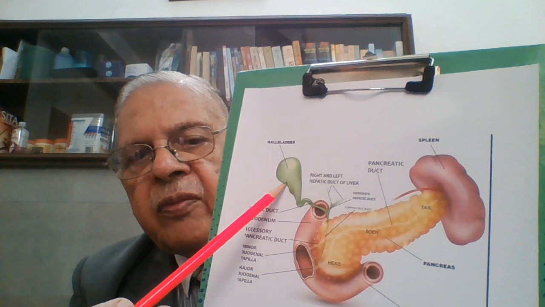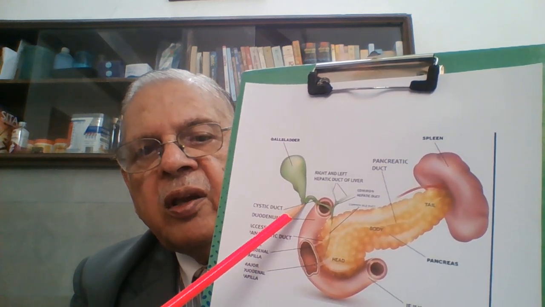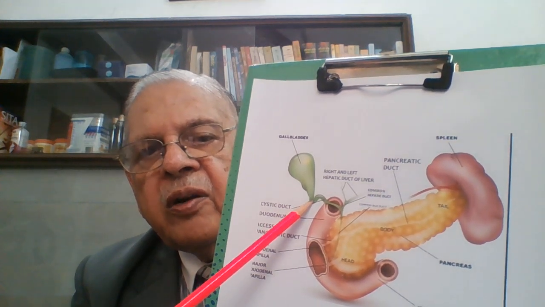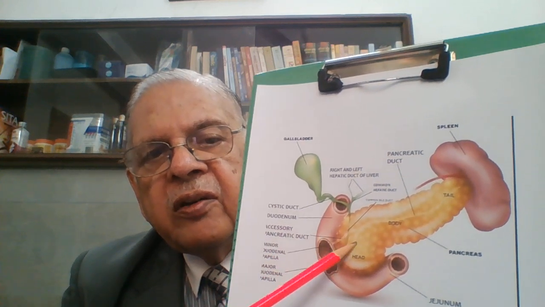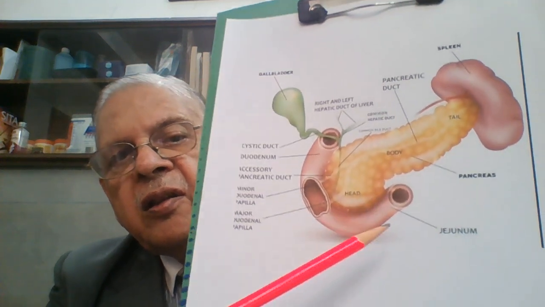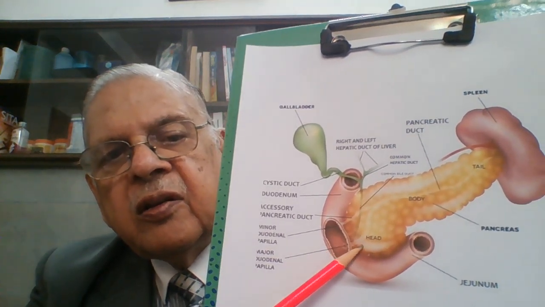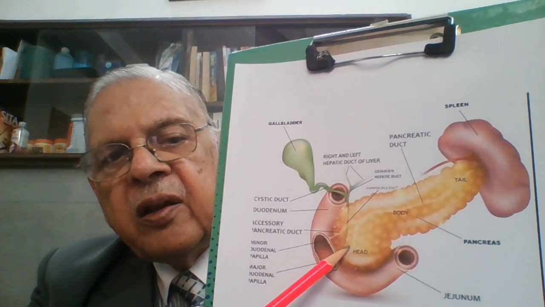Gallbladder is here, and you also know that people get stone here in the gallbladder and get lot of trouble. That is not our today's topic. Our today's topic centers around this pancreas. This is the pancreas, and here in this picture, it is beautifully demonstrated that this rounded portion is the head of the pancreas.